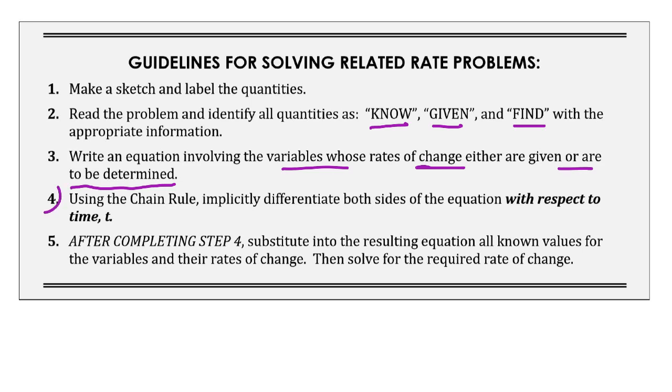And very important, number 4, using the chain rule, implicitly differentiate both sides of the equation with respect to time t. That is so important for us. And then after completing step 4, substitute the results in. And this last part here, this is the last step after you figure out what goes where. You will be substituting into the equations and solving for whatever you're asked to find. All right, let's do our first problem.